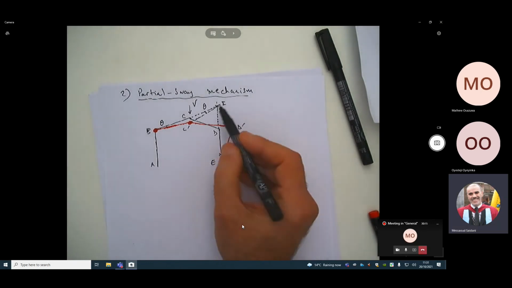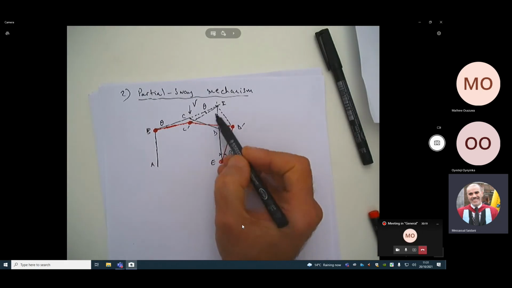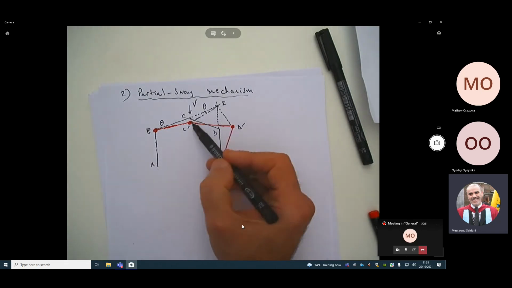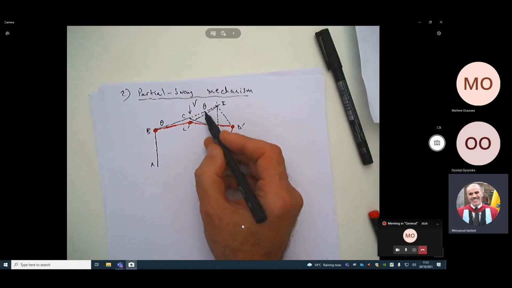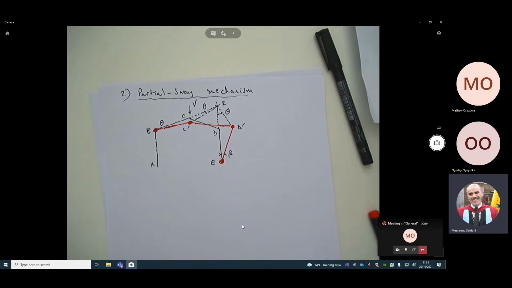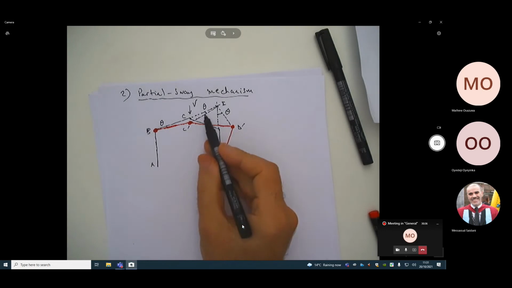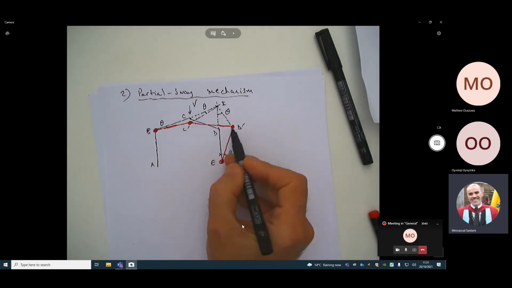Okay, so we have a rotation of triangle ICD to the new position IC dash D dash. You agree? So this triangle rotates by an angle theta, and therefore the angle here is also theta, because the triangle rotates from this position to this position.